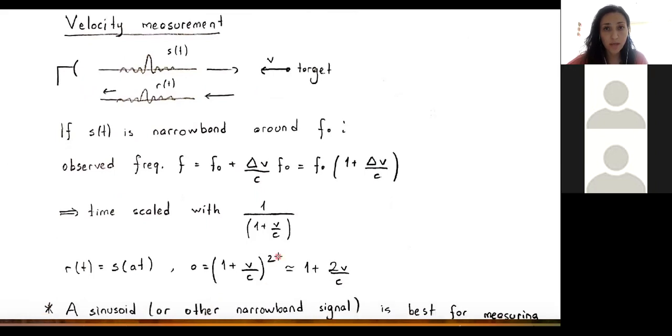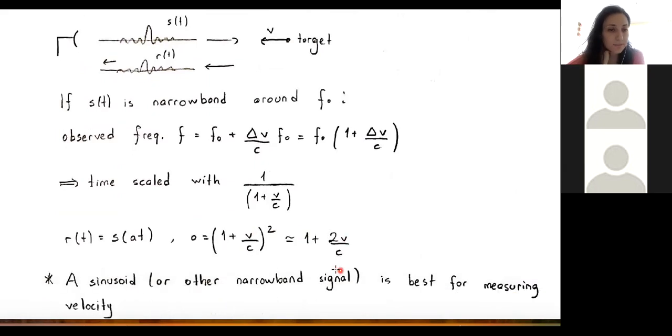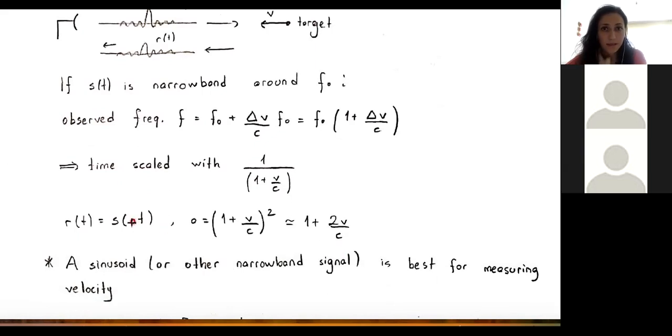If you want, you can approximate this term, because V over C will generally be very small. You can use the Taylor series expansion to approximate this term as 1 plus 2 times V over C. So you can simply say that your scaling in R of t will be by this amount. And as it should be, it depends on the velocity information.